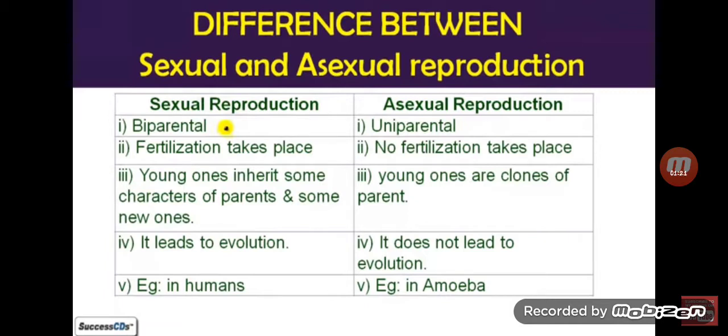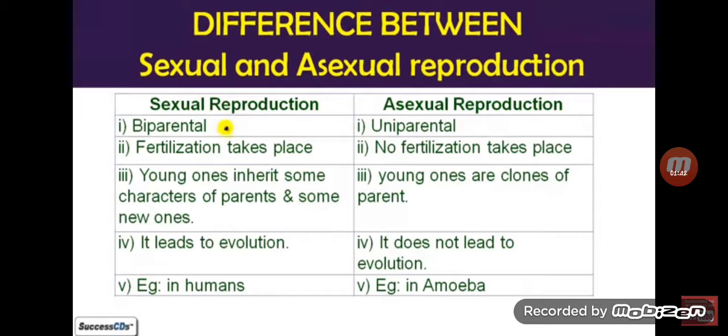Asexual reproduction is uniparental. That means only one parent is involved in this kind of reproduction. So there is no fertilization taking place, and since only one parent is there, the young ones are clones of the parent, the same as the parent.